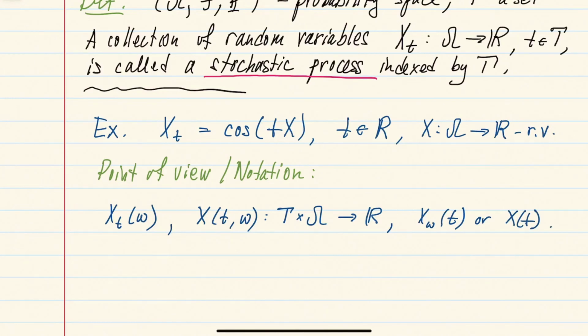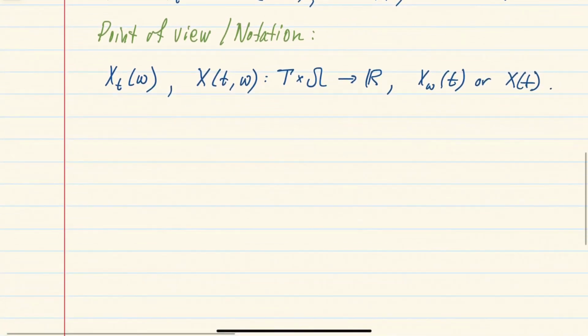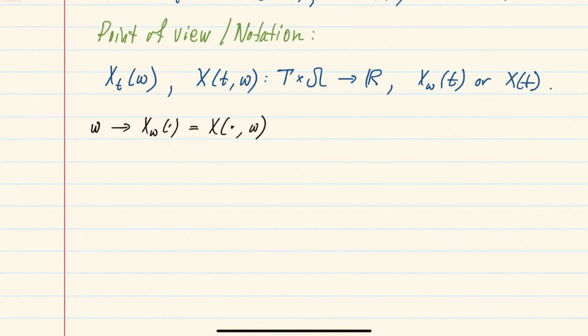But if we want to focus in particular on this last point of view, that you want to think of the process as a function of t, then we can write this map from omega into the function, X(omega), which is a function of the variable t. You can also write it like this if you like: it's X as a function of t for a given omega.